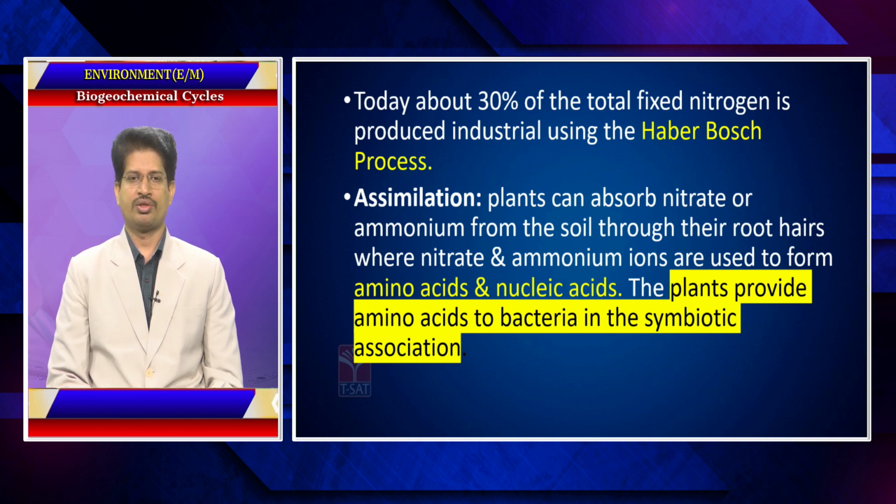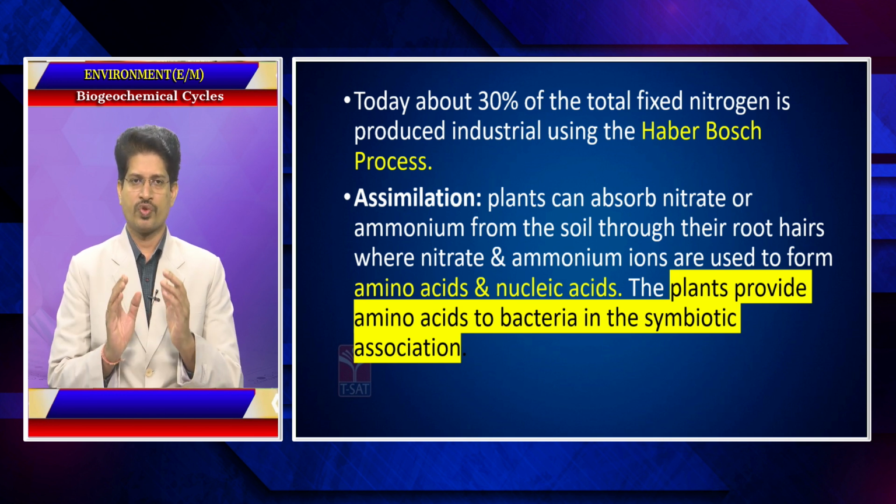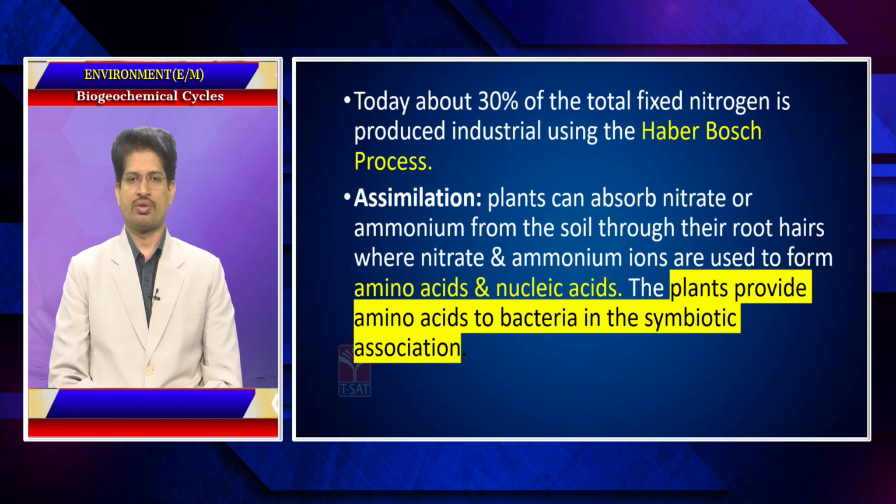Next is assimilation. Plants can absorb nitrate or ammonia from the soil through their root hairs, where nitrate and ammonia ions are used to form amino acids and nucleic acids. So, amino acids are the basic building blocks to manufacture protein, which requires nitrogen.